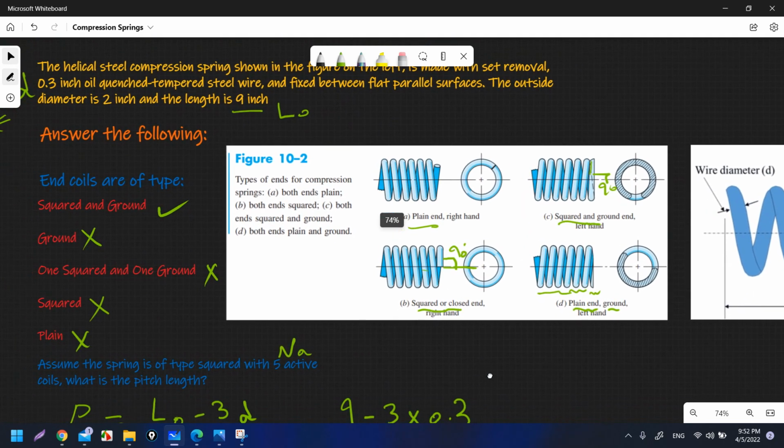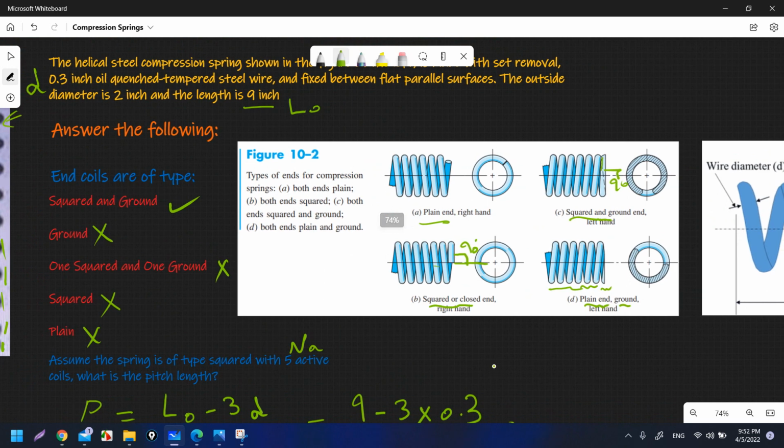What about the difference between right hand and left hand? The easiest way for me to decide whether this one is right hand or left hand is to see the slope of the coils. If you see these coils have a negative slope, then this one will be right hand. Also here, the slope is negative, so it is right hand.